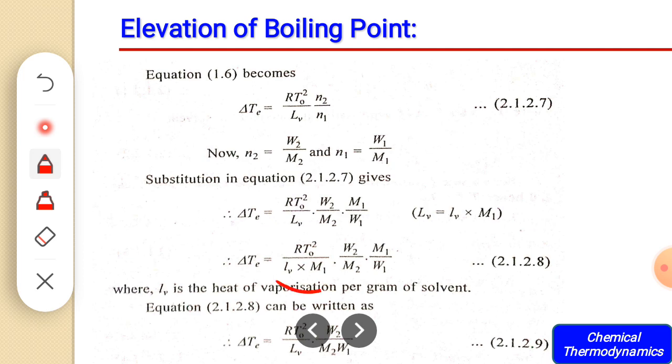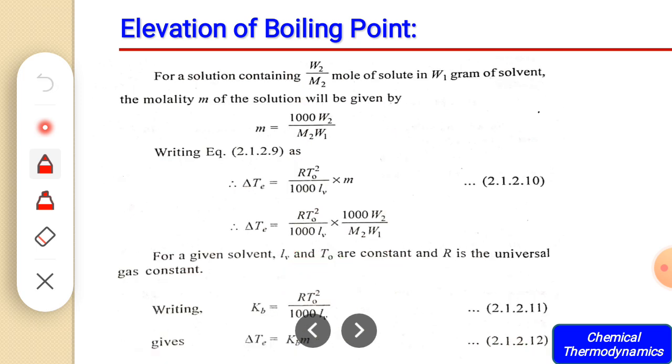By simplification, this M1 and this M1 get cancelled, and we have delta T is equal to RT0 square divided by Lv into W2 divided by M2 into W1.